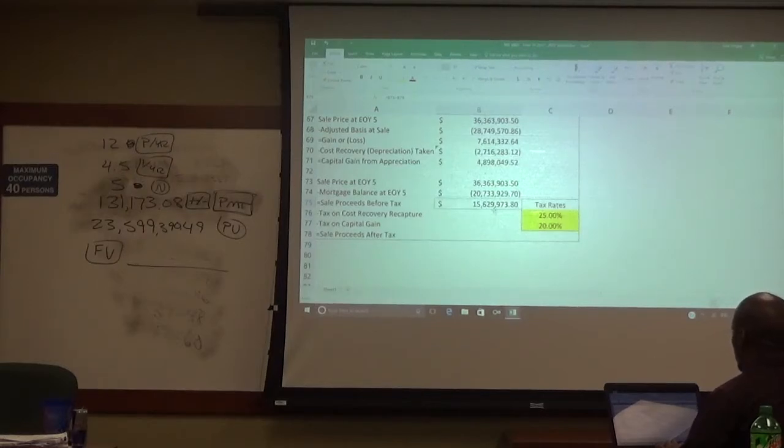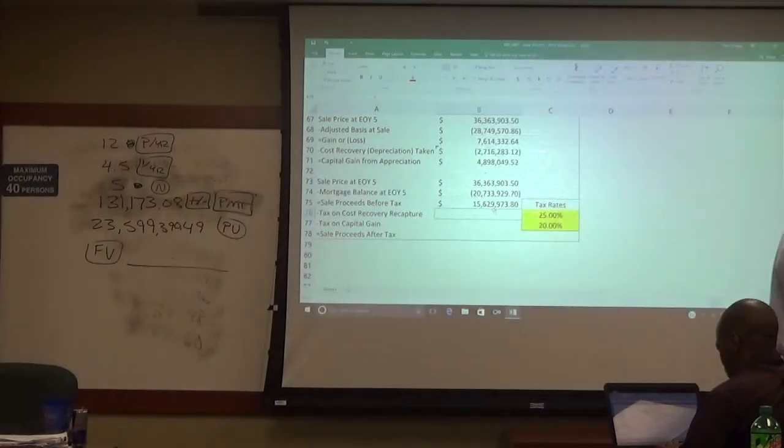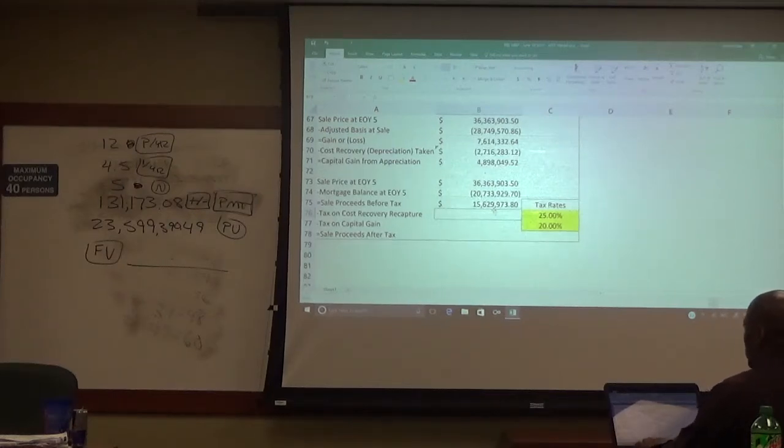Okay. All right. Now, again, we'll see where my A students are. All right, we have a tax rate of 25% that we need to apply to the cost recovery portion. Okay. So in essence, what that means is that we've got to apply the 25% tax rate to what number?